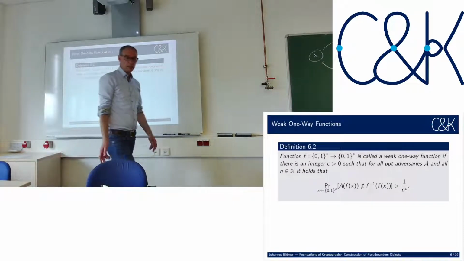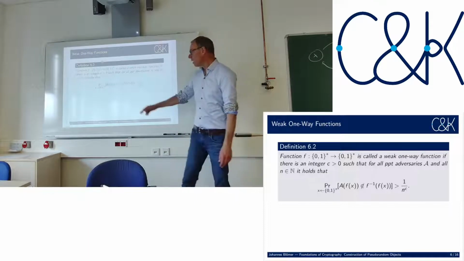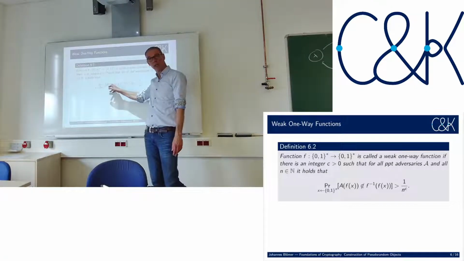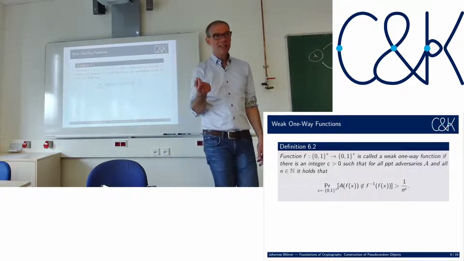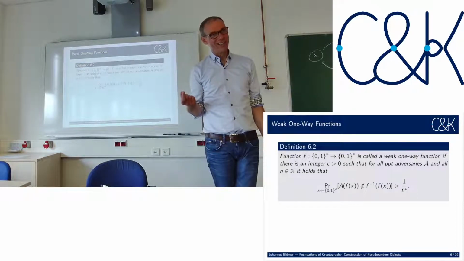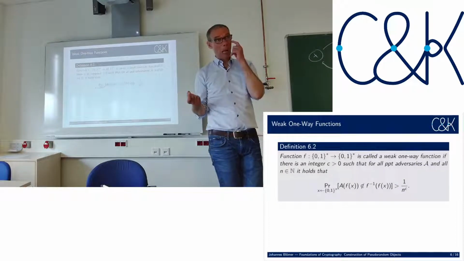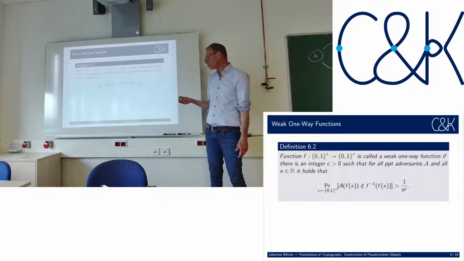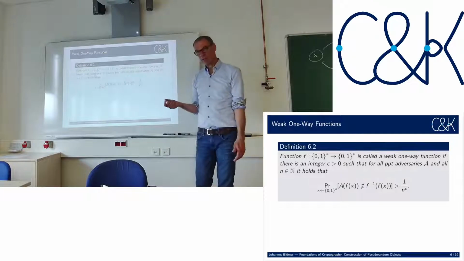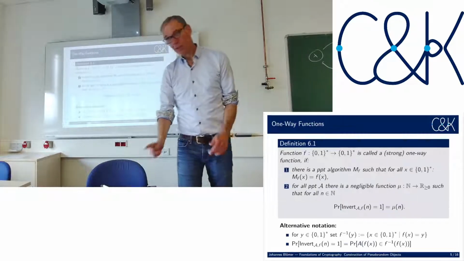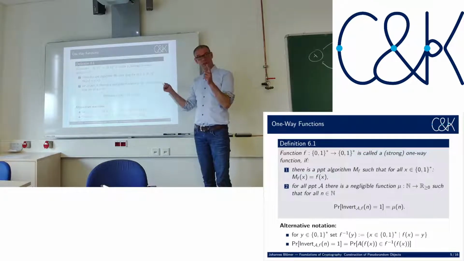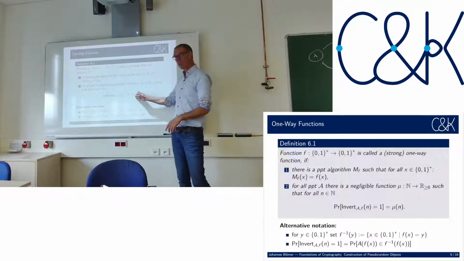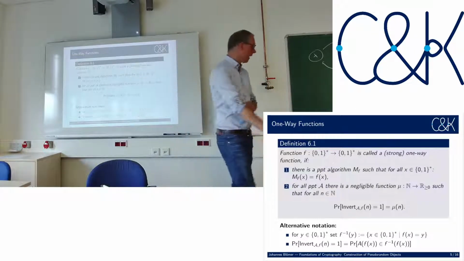So this means that for random images, the probability that it does not succeed is significant, is non-negligible. This is not the opposite of the strong definition.